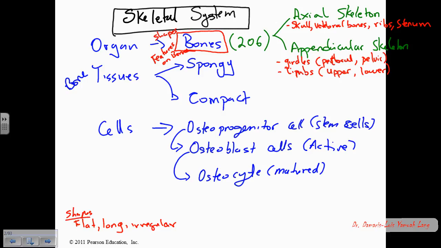And then in terms of the features on bones, for instance, when you take a long bone, it's divided into sections. The very end of the bone is called epiphysis.